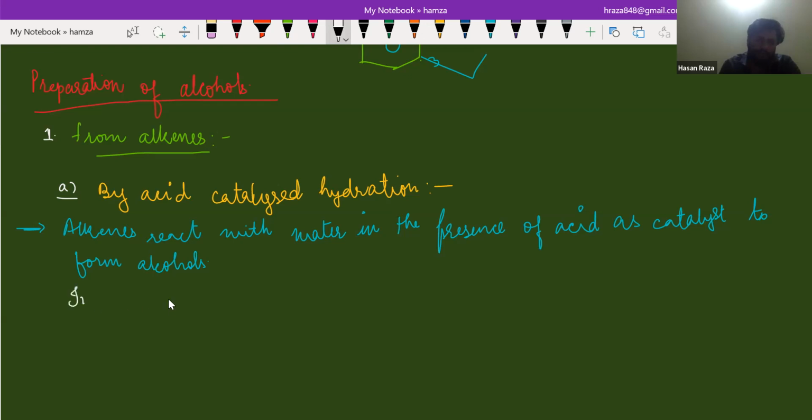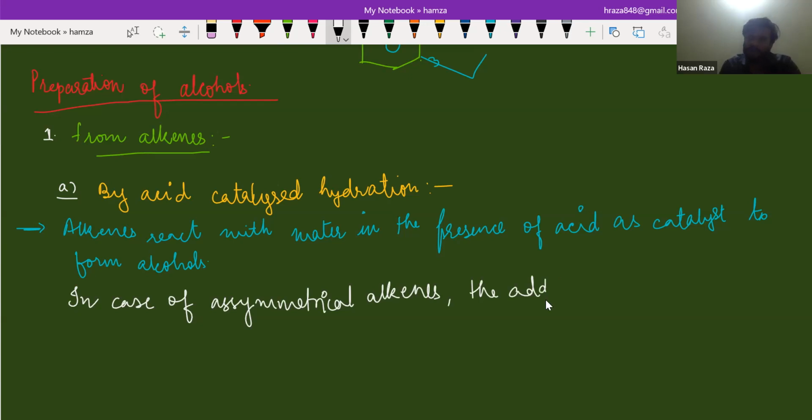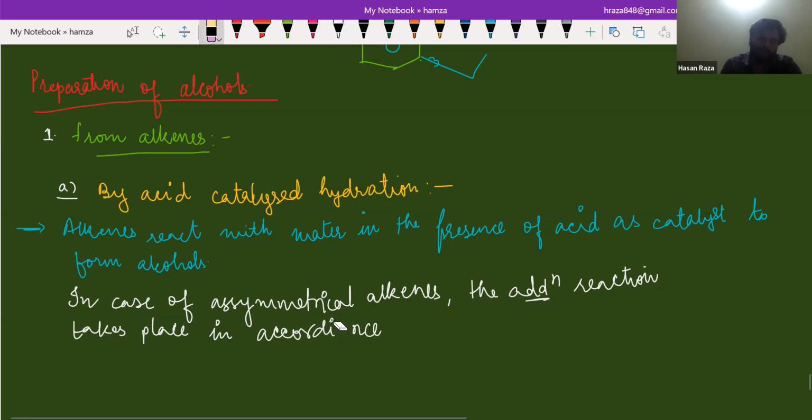In case of asymmetrical alkenes, the addition reaction takes place in accordance with Markovnikov's.